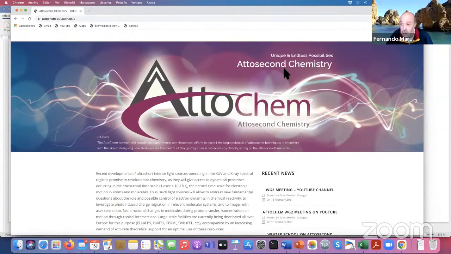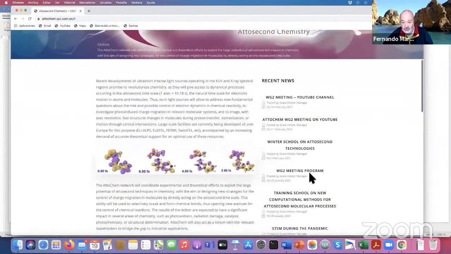We will not be able to accept everybody, but our idea is to repeat this school every year. So if you cannot attend this year, you can do it next year. Keep tuned to our website, where you can find the news about the different events.